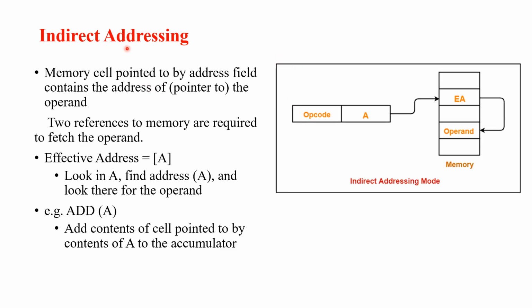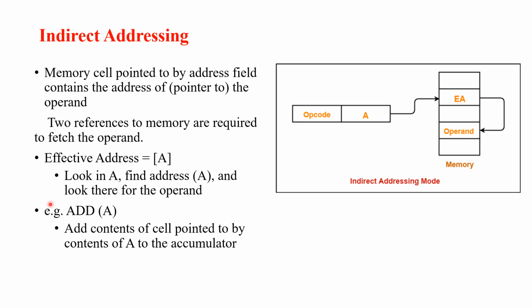In indirect addressing mode, the memory address provided in the instruction does not hold the operand itself. Instead, it points to another memory location that contains the actual operand. So the address field acts like a pointer. The effective address is determined by first looking at the contents of the address specified in the instruction and then using that value to find the operand.